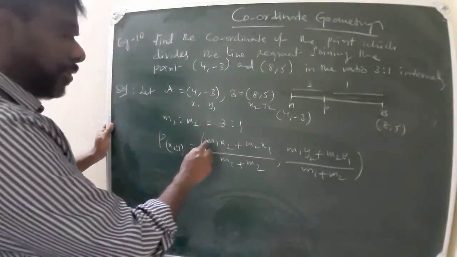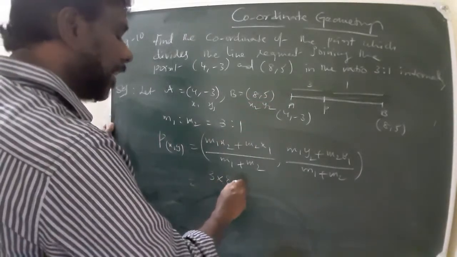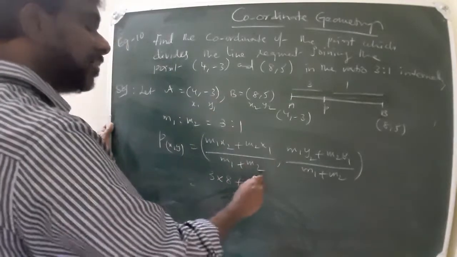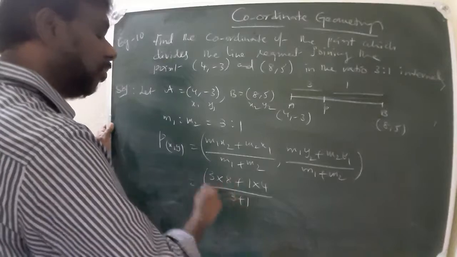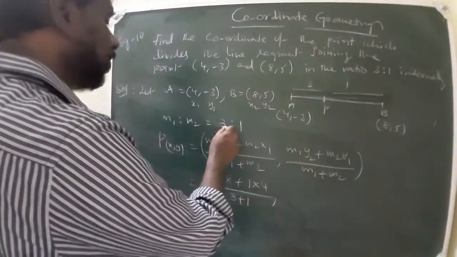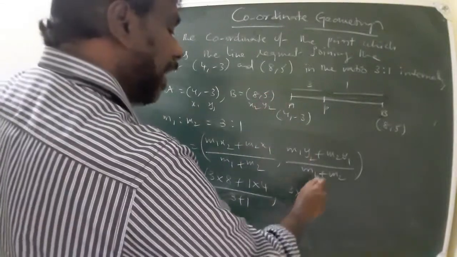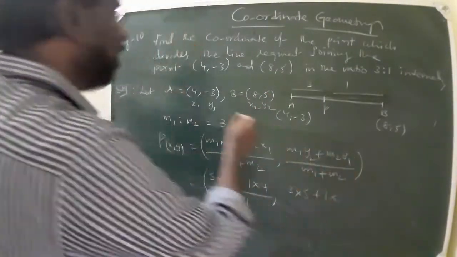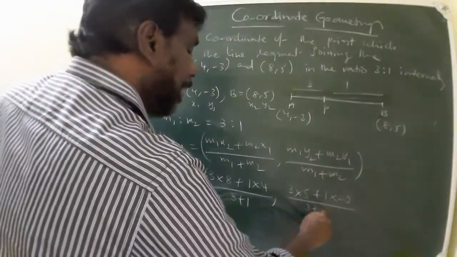Now you will substitute. m1 is 3, x2 is 8, m2 is 1, x1 is 4, divided by m1 plus m2, that is 3 plus 1. For y, m1 is 3, y2 is 5, plus m2 is 1 into y1, which is minus 3, by 3 plus 1.